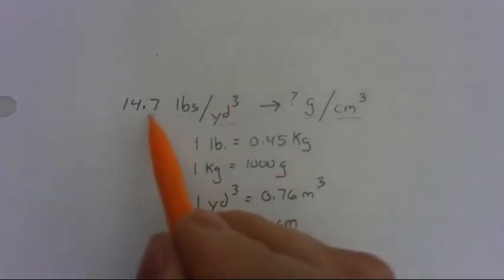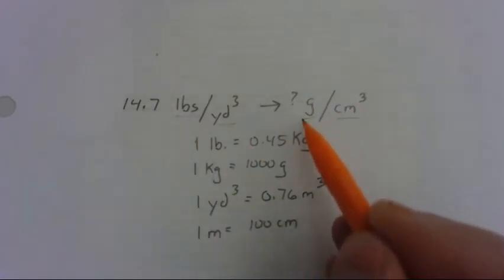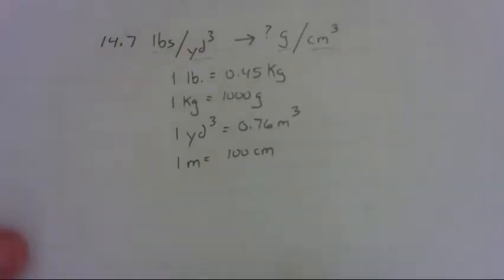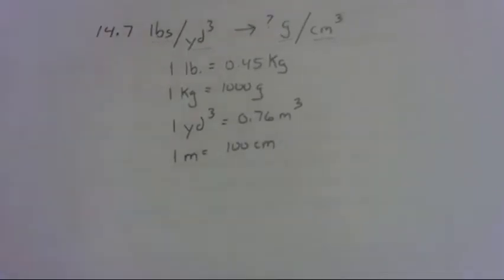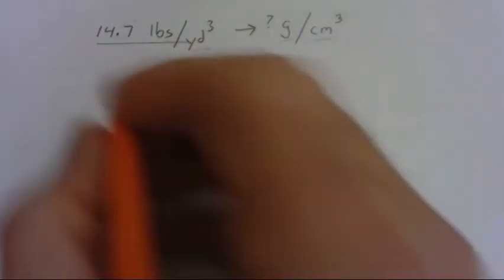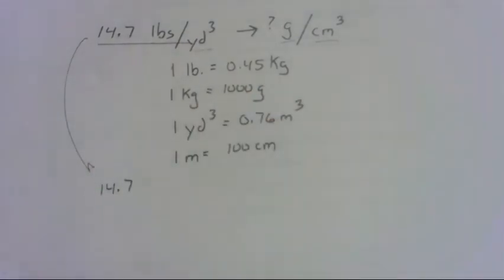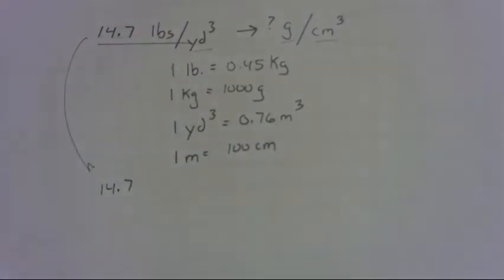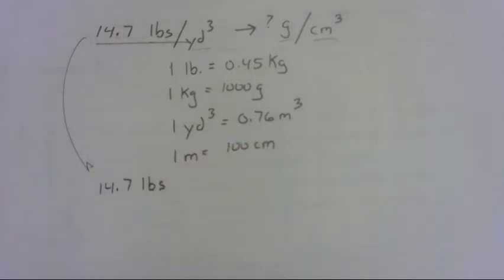So I want to convert from 14.7 pounds per cubic yard to the unknown number of grams per cubic centimeter. And I have here a whole bunch of equalities that I'm going to be able to use. So the first step is I take my starting point, and again, that goes in the top left-hand cell. Now, because this is a compound unit, the pounds go on top.